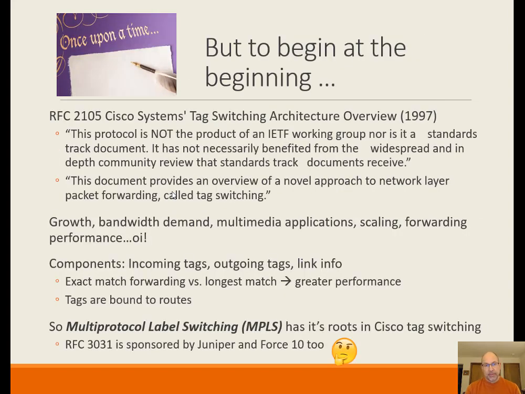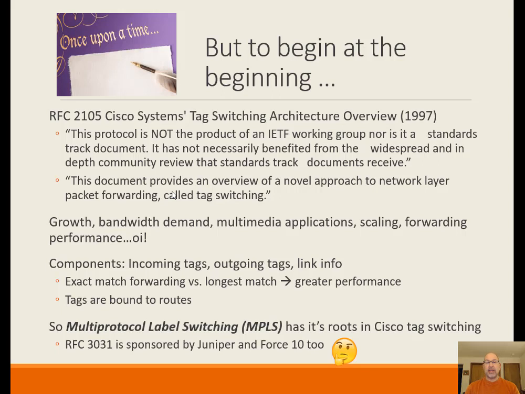Well, to begin at the beginning. Back in 1997, there was this thing that Cisco put out called the tag switching architecture. And it was this brand new idea on how to forward packets. So the fun part about this RFC is that it's not really an RFC like we've come to think of them. And here's a quote from the beginning of it, right? This protocol is not the product of an IETF working group, nor is it a standards track document.